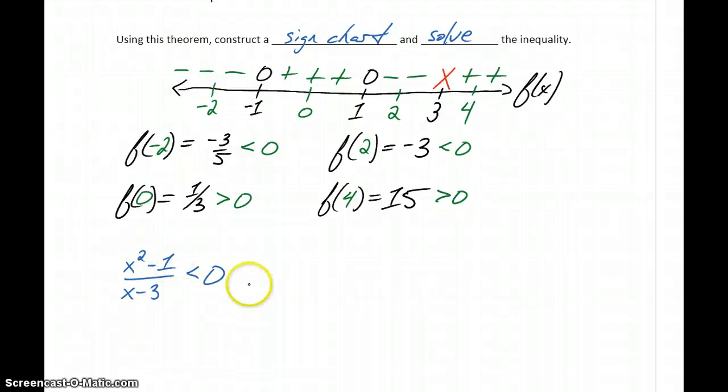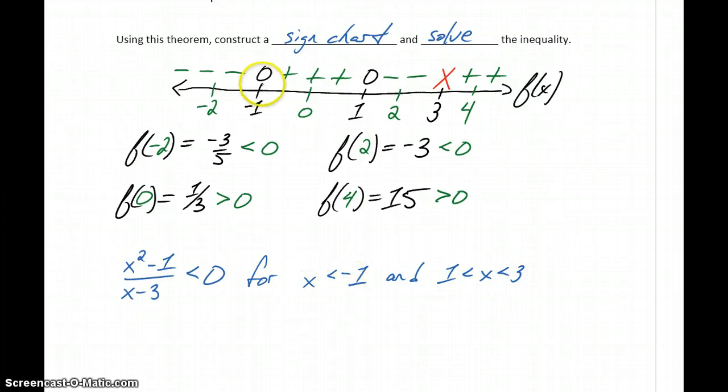So we can say that this function is less than 0 for x less than negative 1 and 1 less than x less than 3. If x is less than negative 1, our function is negative. If x is between 1 and 3, our function is also negative. Or if we were to write this in interval notation, that would be negative infinity to negative 1, union 1 to 3.